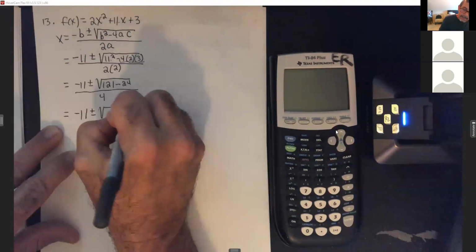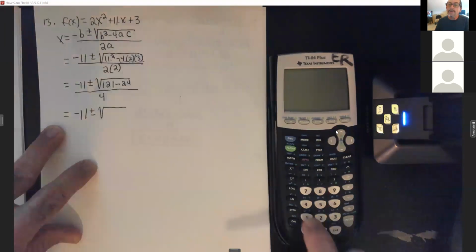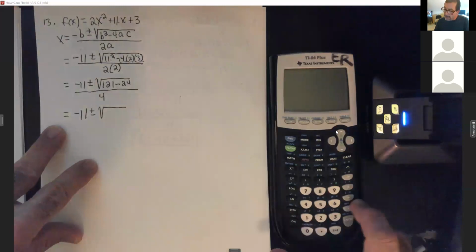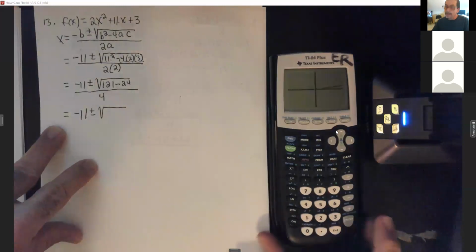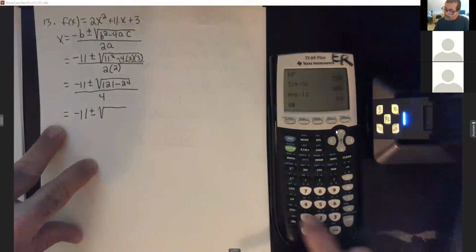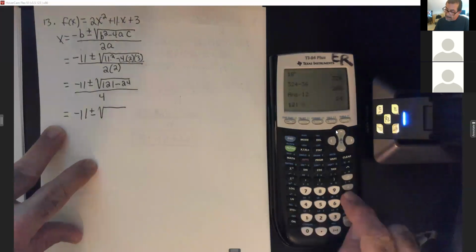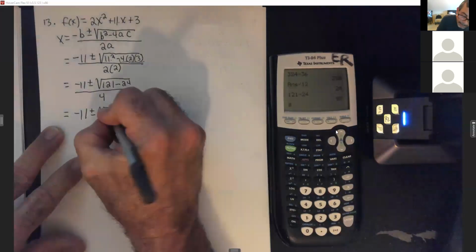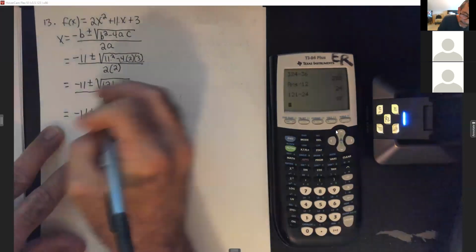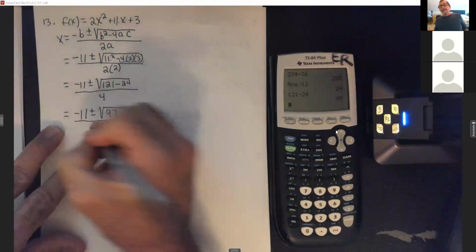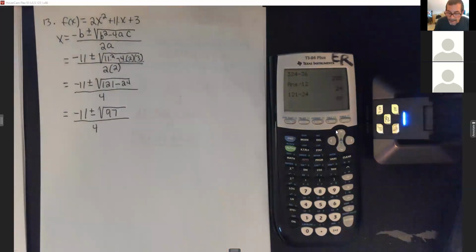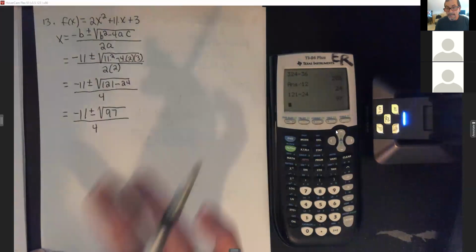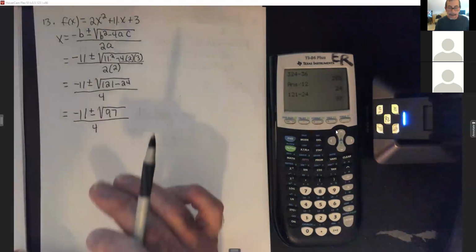All right, let's see what we get under here. 121 minus 24 gives me 97. All that's over 4. So now the only way to go further would be if this 97 contained a factor that was a perfect square.